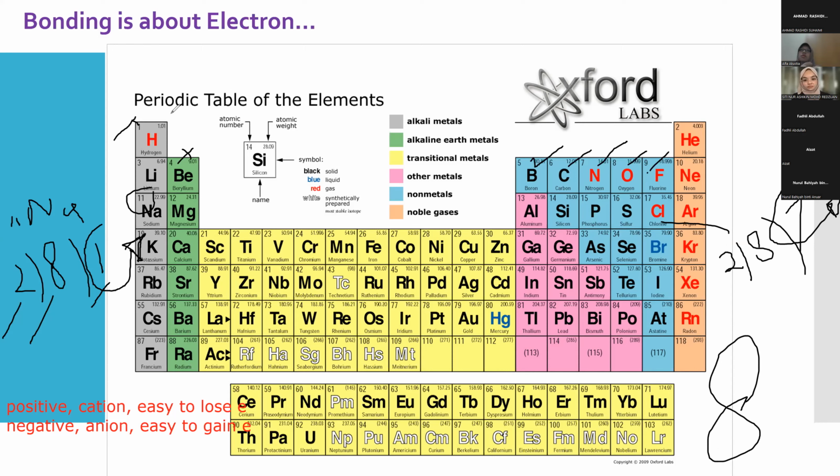The first is to lose 1 electron, or the second possibility is to gain 7 electrons. Do you understand what I mean?